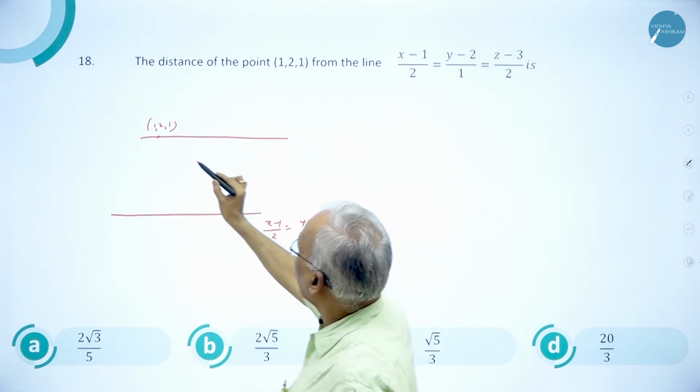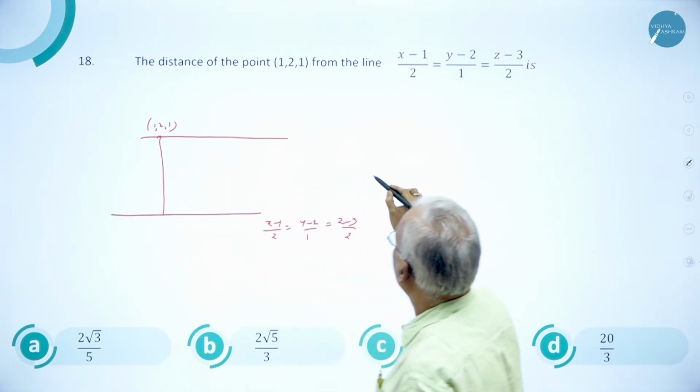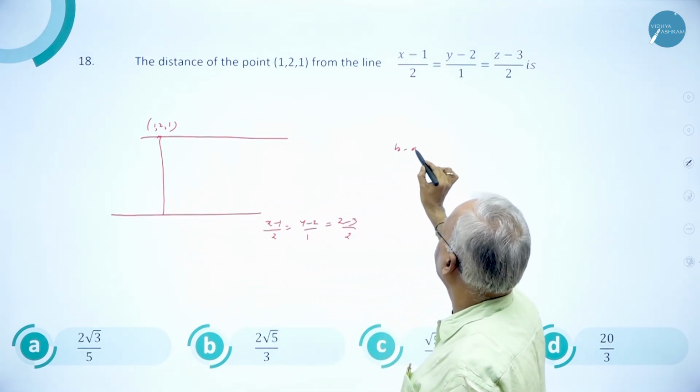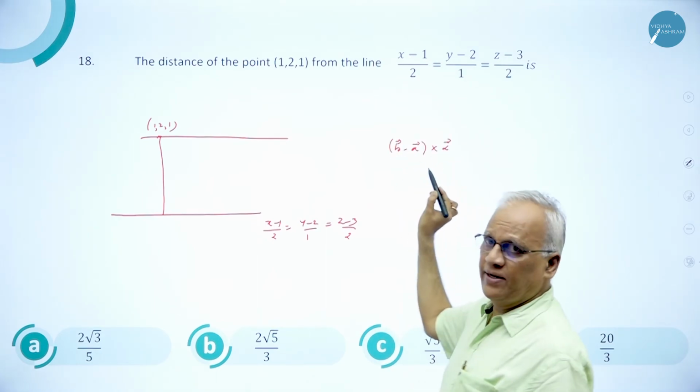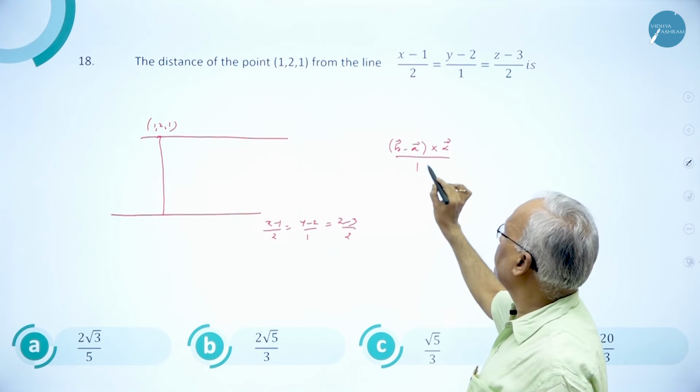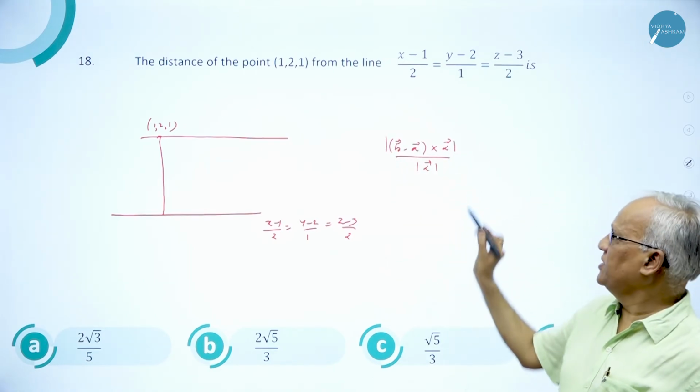But what is the distance of this point from this line? The formula is magnitude of (b minus a) cross alpha, divided by magnitude of alpha. So this is the formula.